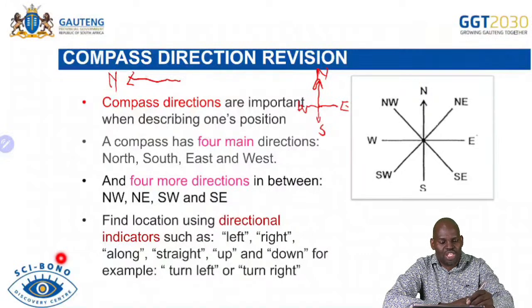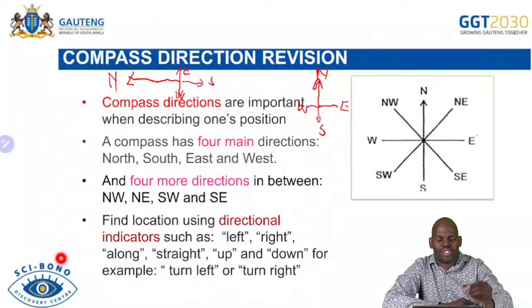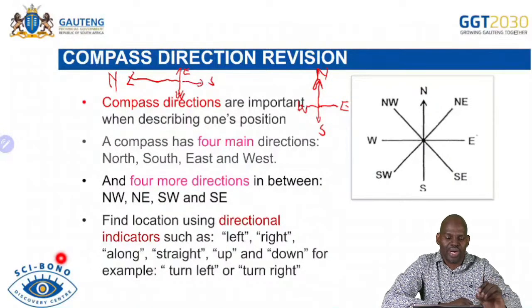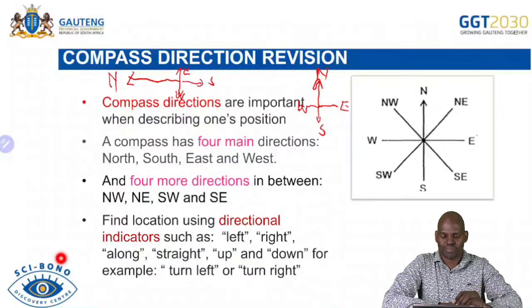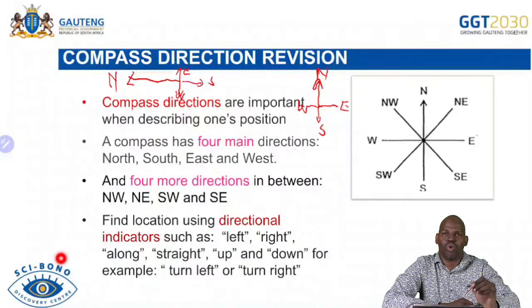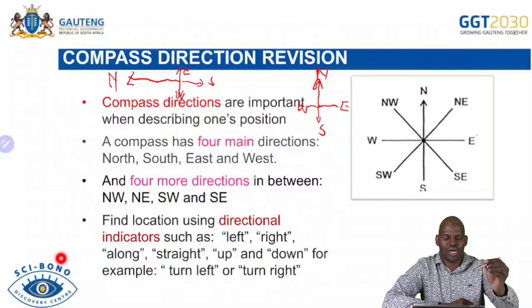So if the north is facing to the left-hand side, it simply means this side is going to be east, and then this side is going to be west, and then this side is going to be south. Okay, you know the rhyme with regard to the compass, it's never ever smoke weed. So in this case, you'll be able to complete your compass.